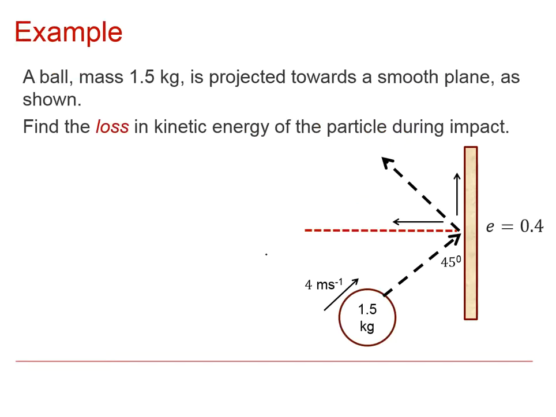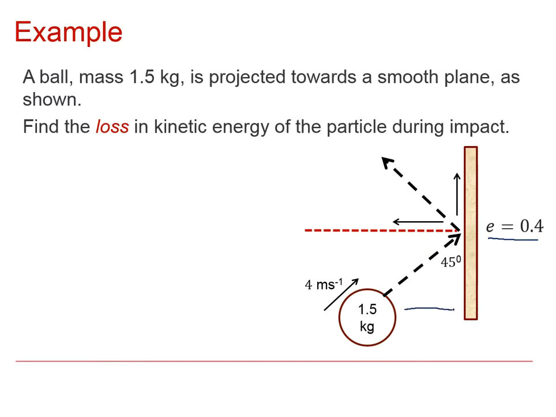So here's an example. A ball of mass 1.5 kilograms is projected towards a smooth plane. We want to find the loss in kinetic energy of the particle during the impact. We are given the coefficient of restitution, and we've got the initial speed, which is 4 meters per second.